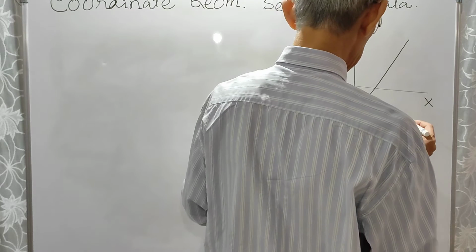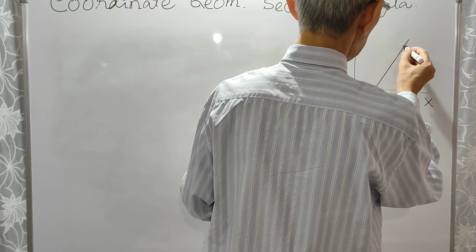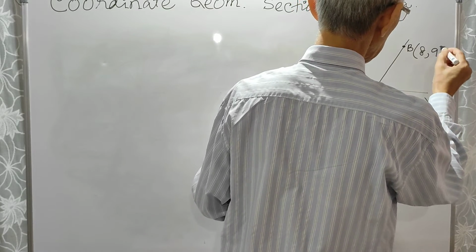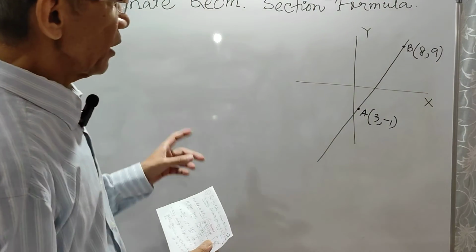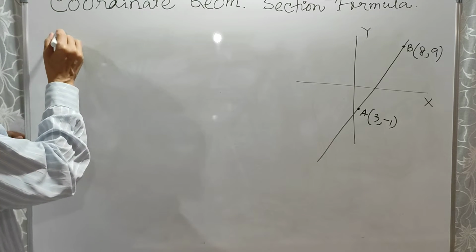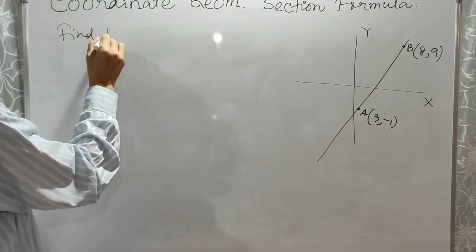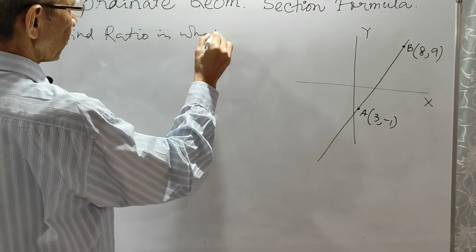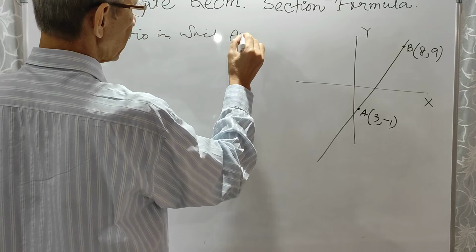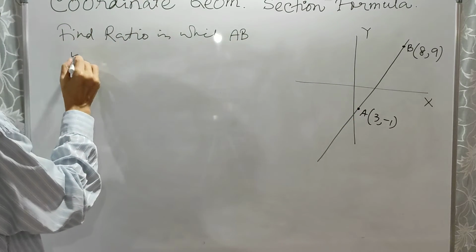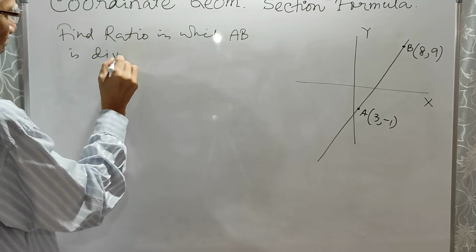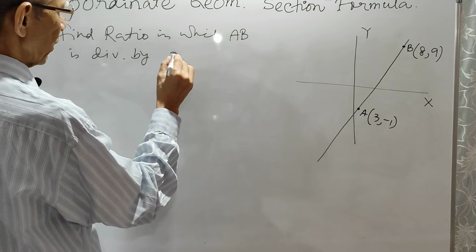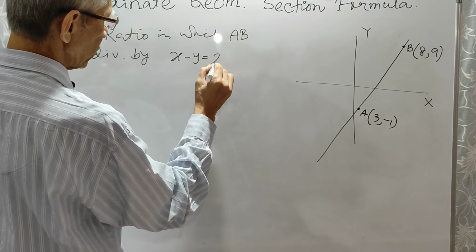And this point B is given 8, 9. All right. So find the ratio in which this line AB is divided by the straight line x minus y equal to 2.